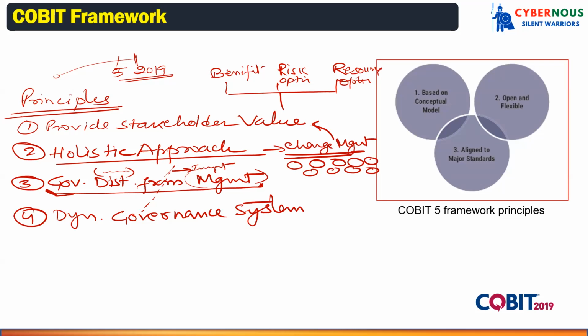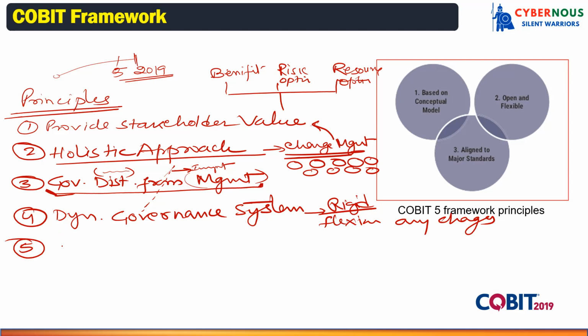So your governance system is not a one-time thing. It has to be an ongoing activity, and you need constant monitoring and constant due diligence on the IT controls. So you have to think from that angle. It is a dynamic governance system. Your governance system should not be rigid. It should be flexible enough to accommodate any changes, so that it works perfectly in your company.